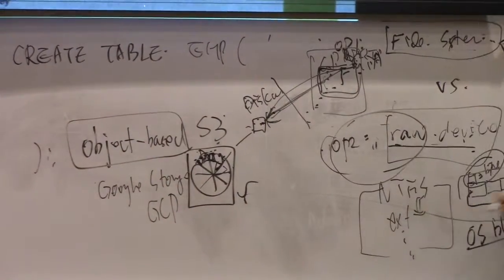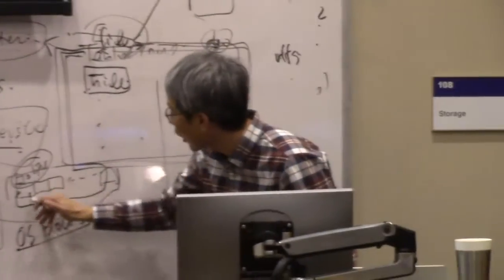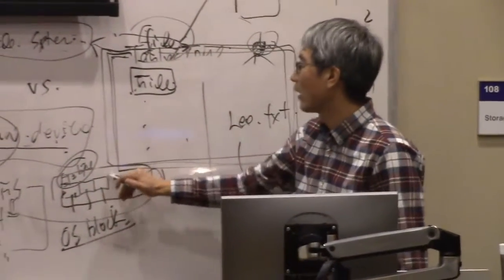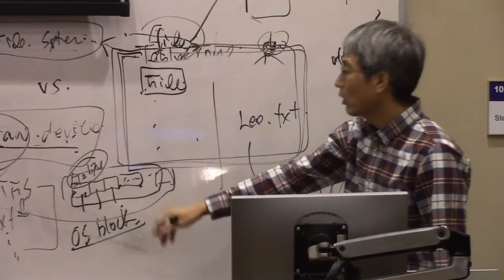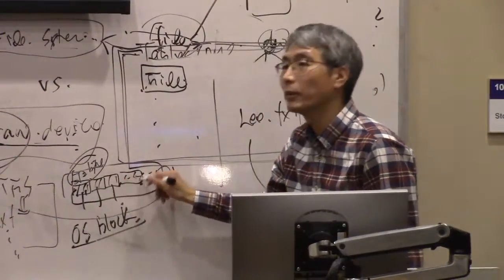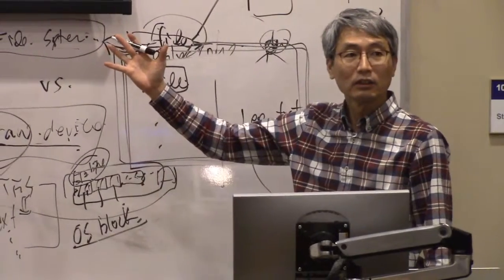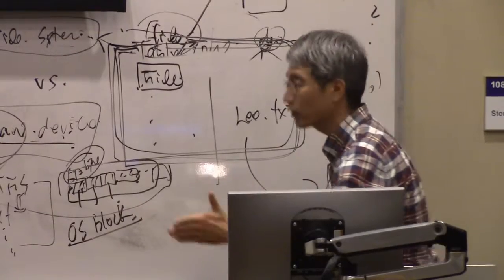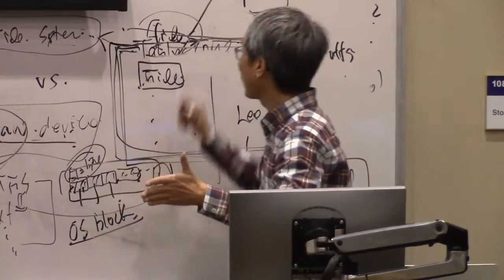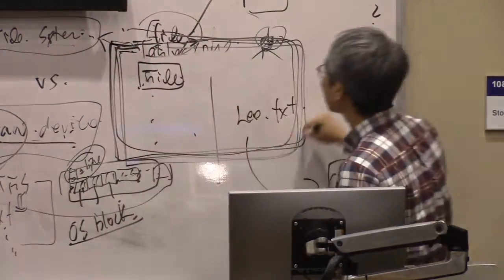A DBMS uses the same mechanism: it allocates blocks to create the file. Same thing when you create a table: a number of blocks will be allocated inside the table space. So you don't have to create a file structure for each table. Instead, you can create one.